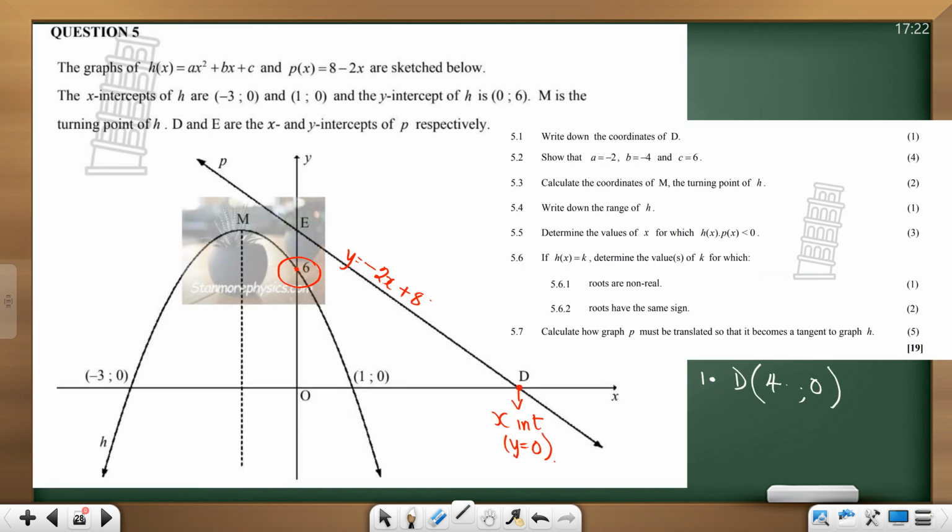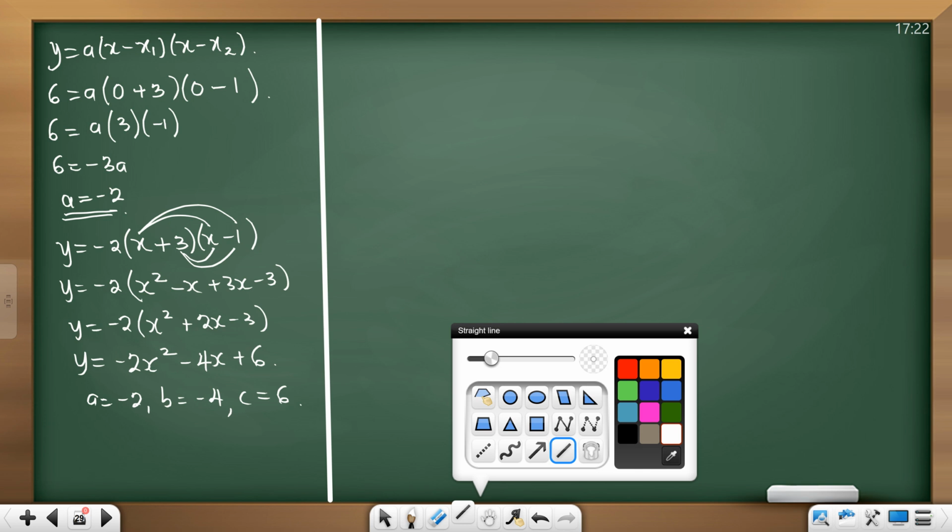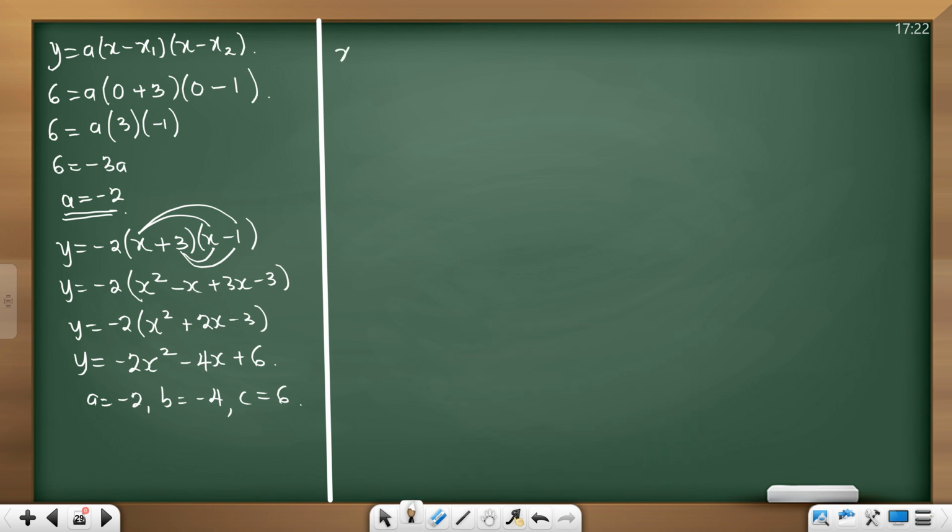Okay, let's move on because of time. Calculate the coordinate of M, the turning point. M is the turning point. X of the turning point is minus b over 2a. What is our b? Negative 4. And my a is negative 2, so x is negative 1. They said coordinate, so I need the y of the turning point.